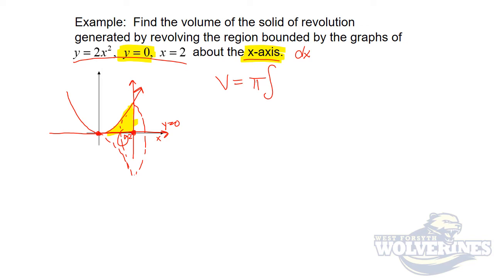Okay, so the left to right for my shape, on the left, y equals 2x squared is going to equal y equals 0 at x equals 0. So that's my lower limit. My upper limit is where I'm stopping over here on the right, which is at x equals 2. So that 2 ends up just being my upper boundary, right? Because those are x values because this is going to be a dx. Okay, so I've got my a and b.